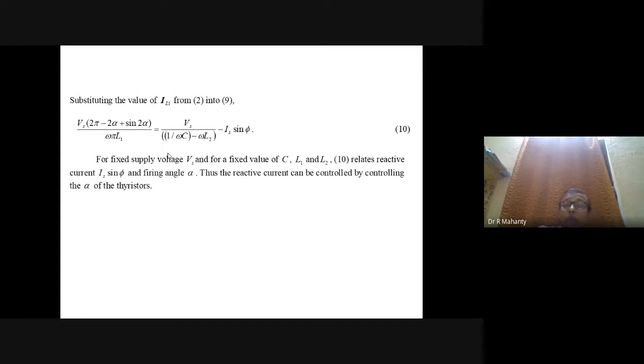So the original scheme, which was thyristor switched capacitor and thyristor controlled inductor, there we have used a large value AC capacitor, and using the same scheme, we are saying that with one set of shunt passive filter tuned at the dominant harmonic frequency, we are filtering out all the harmonics, and at the same time, using the same scheme, we are supplying the reactive current required by the system to make the displacement power factor close to unity.